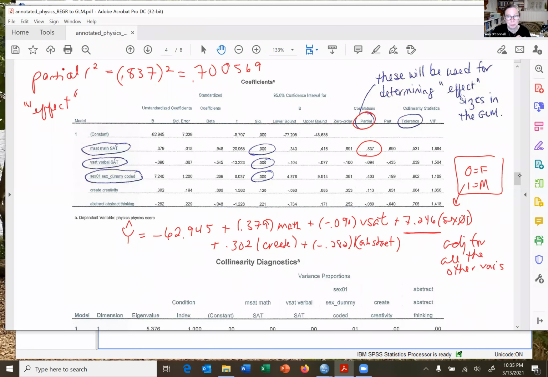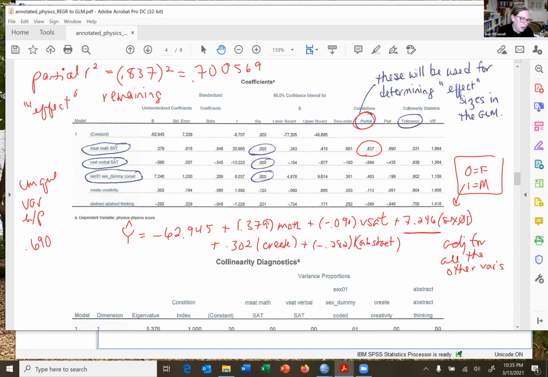We can also use the part squared to help us understand the effect of any predictor. The word we associate with part squared is unique variance, whereas the word we associate with the partial R squared is remaining variance after the other variables have been included in the model. Scanning down the part correlation column, we see that math has the highest part correlation. It doesn't have to be positive to be considered the highest, so it's the highest absolute value. So the greatest proportion of unique variance explained among these 5 predictors is through math SAT.